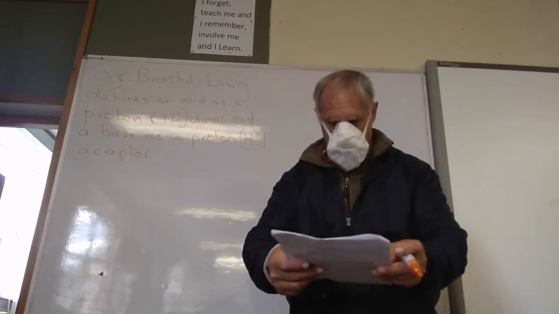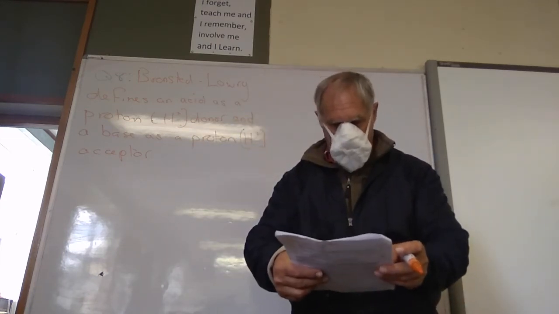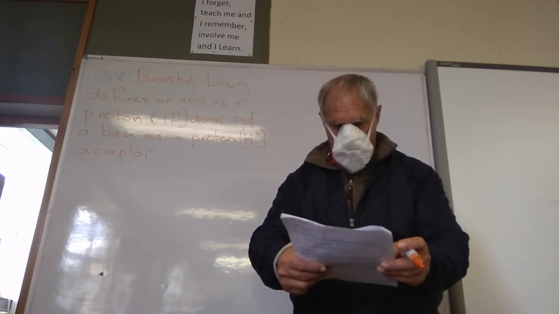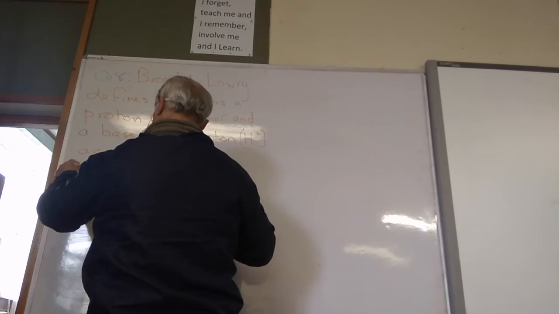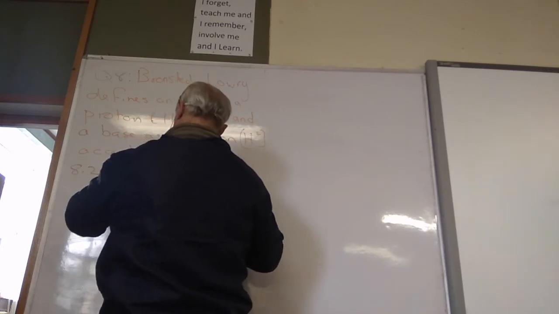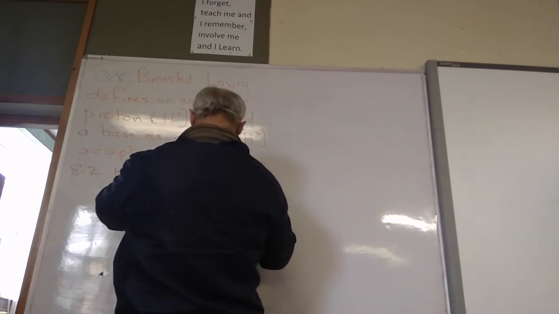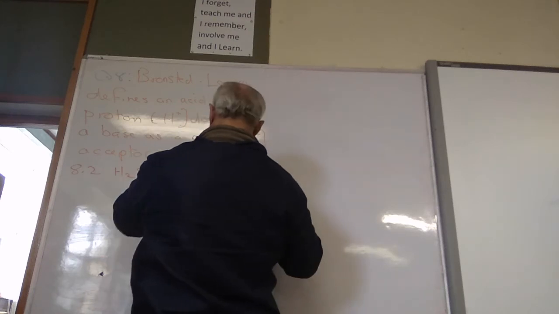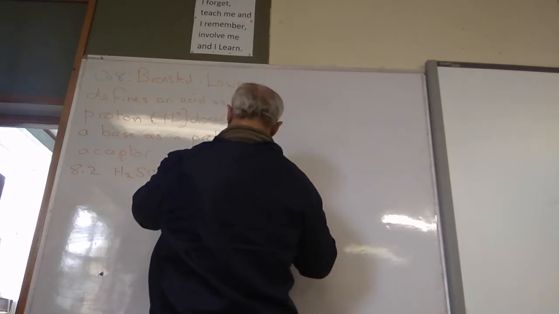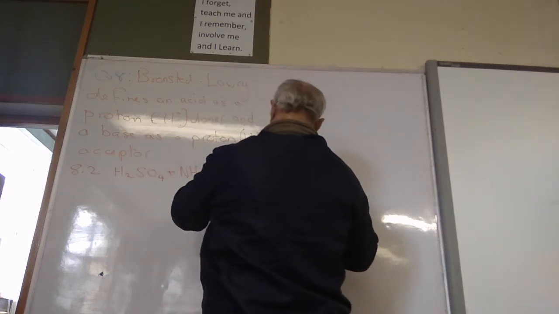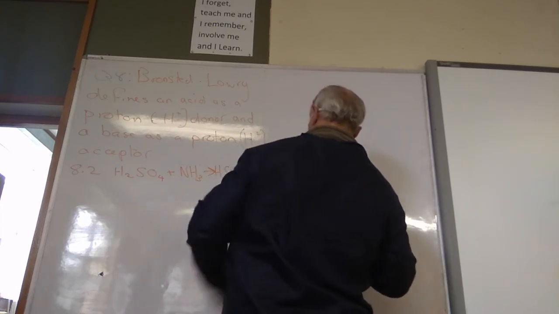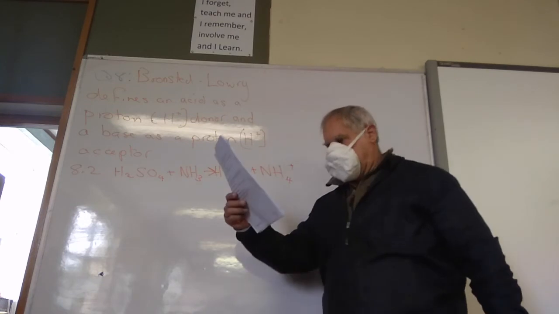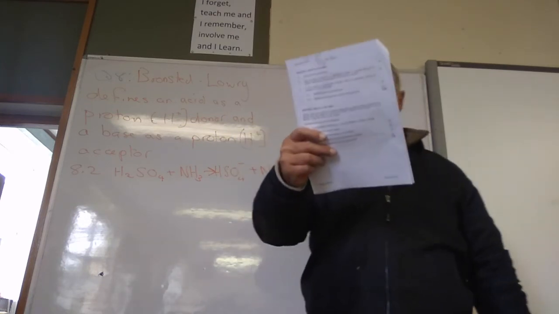Okay, identify the conjugate acid-base pairs. Conjugation in English is a word that joins two phrases, like and or but. In chemistry, conjugate acid-base pairs are the two things that look similar on both sides.